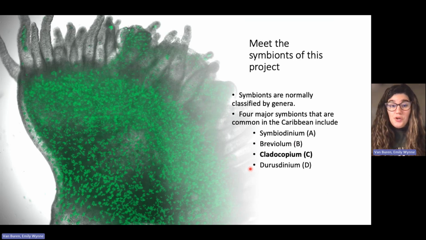Durusdinium is relatively new, and for a fun fact for you all, it's very exciting for a lot of Caribbean coral researchers or Florida coral researchers, because it is supported in some studies that Durusdinium does have an increased heat tolerance.